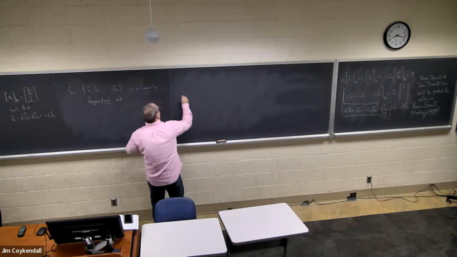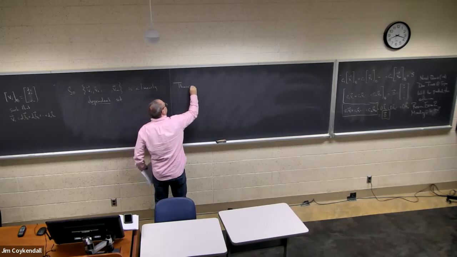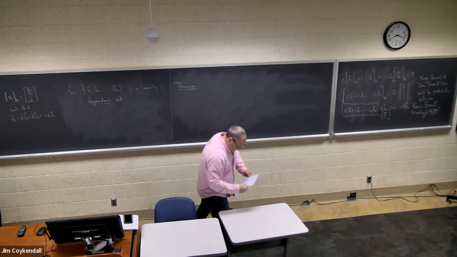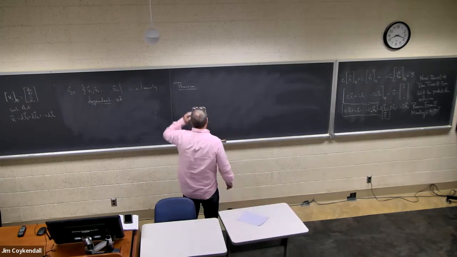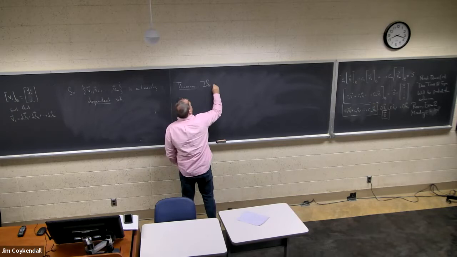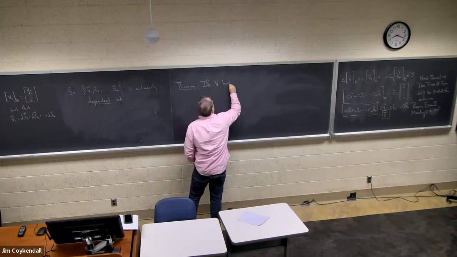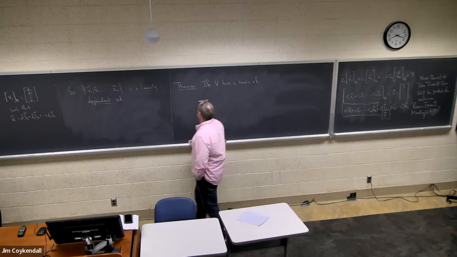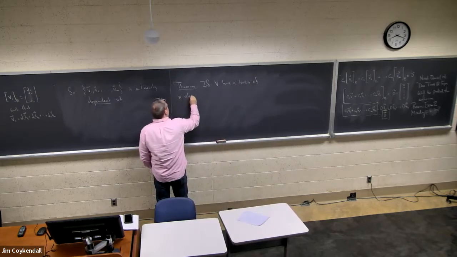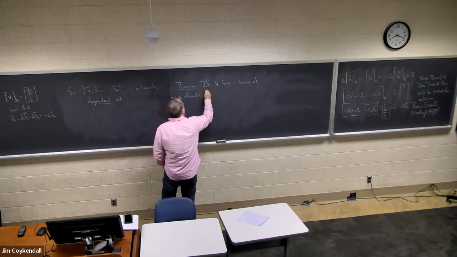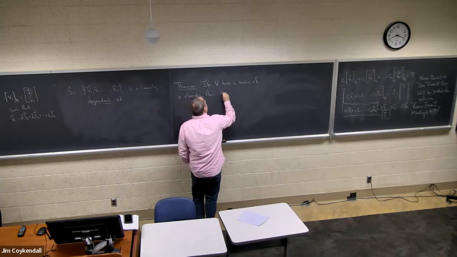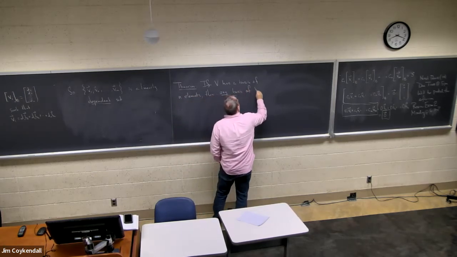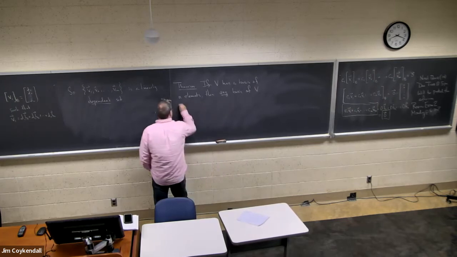So, theorems. If B is a vector space with a basis of n elements, then any basis of B has exactly n elements.